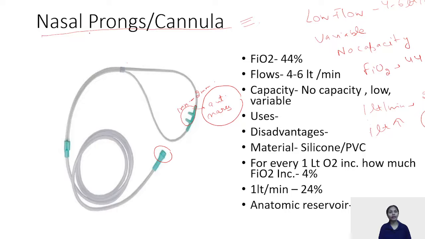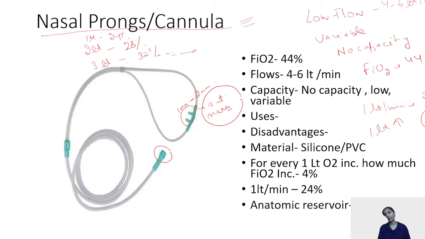So if it is 1 liter, the FiO2 is around 24%. If it is 2 liters, the FiO2 would increase by 4%, to 28%. Similarly, if you have 3 liters, then again 4% has to be added, so 32%, and so on.